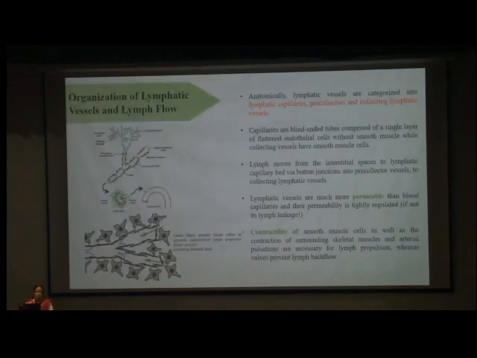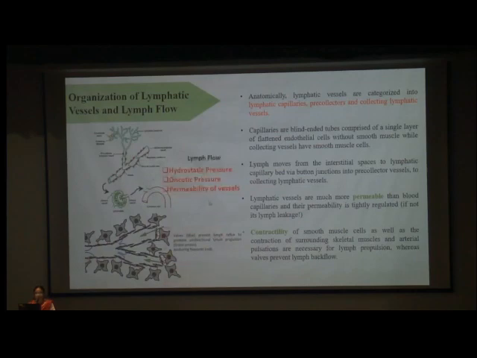If we look at the organization of these vessels, anatomically, these vessels can be categorized into lymphatic capillaries, which are lined by single-celled endothelial cells, the pre-collectors and the collectors, and both the pre-collectors and the collectors have a smooth vessel wall covering, which helps in the propulsion of the lymph. So lymph moves from the interstitial spaces to these pre-collectors and then finally to these collecting vessels.